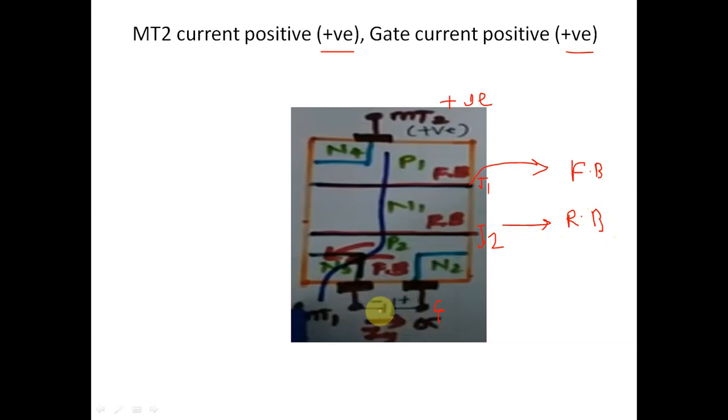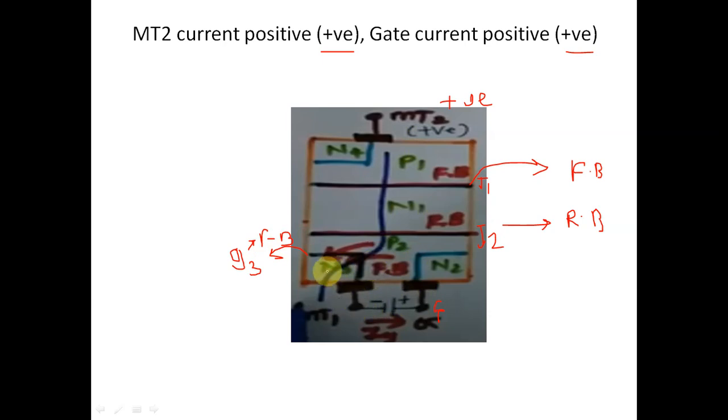Due to the applied gate voltage here, the P2 holes are attracted towards this N3 layer, and here J3 junction is also generated. This junction is also a forward bias junction. Why? Because the positive terminal is applied to the P2 and the negative terminal is applied to the N3.